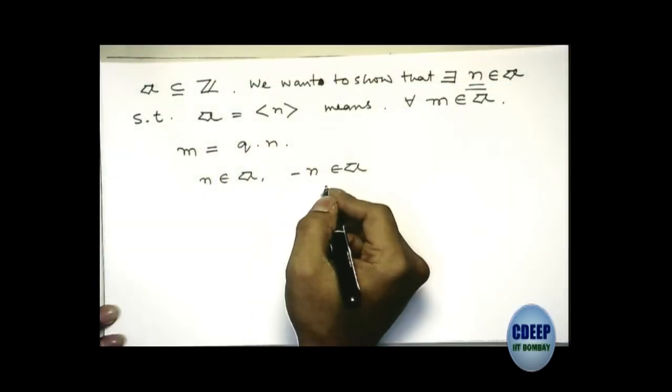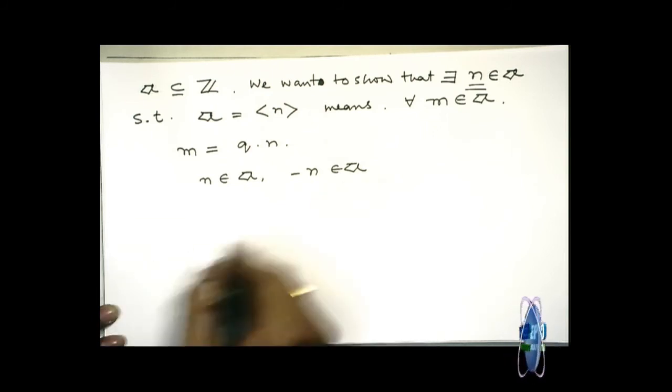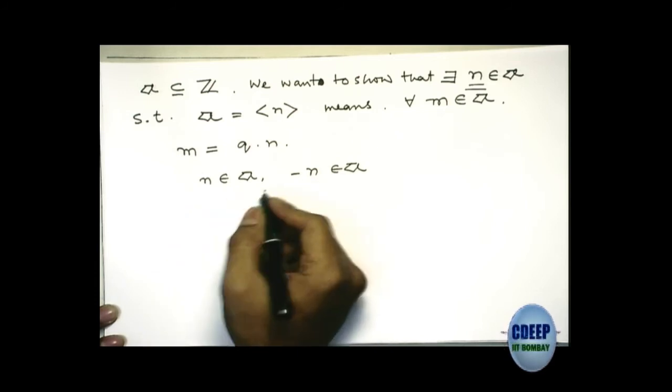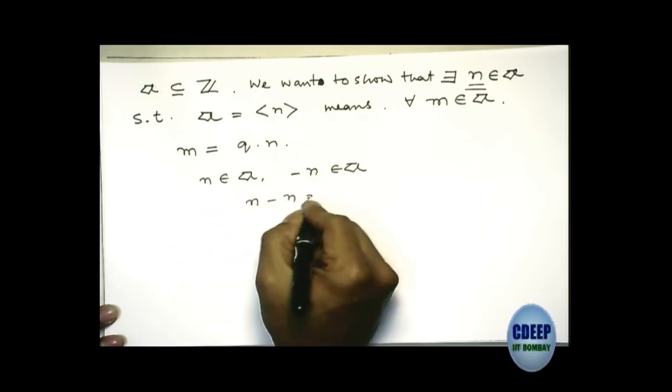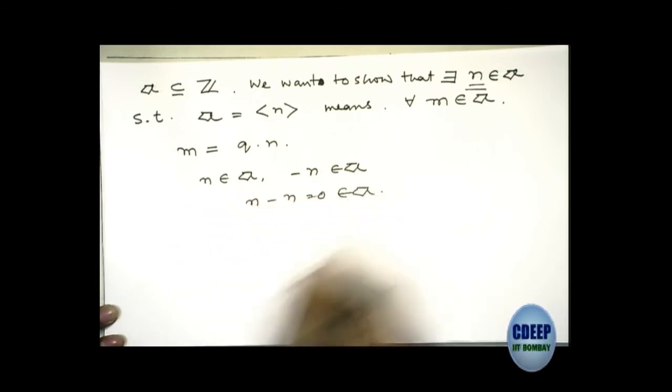Somebody gives us an ideal, an arbitrary ideal. Well, 0 is there in the ideal, definitely. Because if a number n is there in the ideal, then minus n is also there in the ideal, because it's minus 1 times n, and ideals are closed under multiplication from the ring. And when you add two things from the ideal, that is n minus n, which is 0, that must also be there in the ideal.